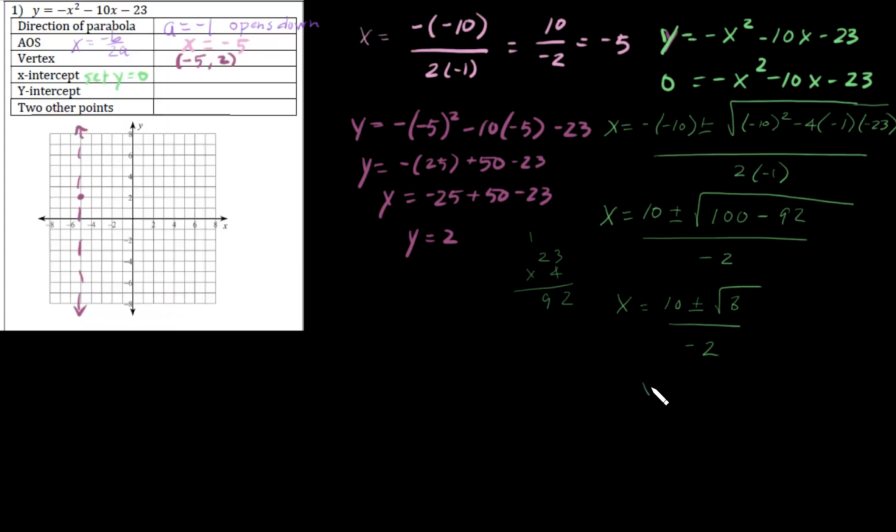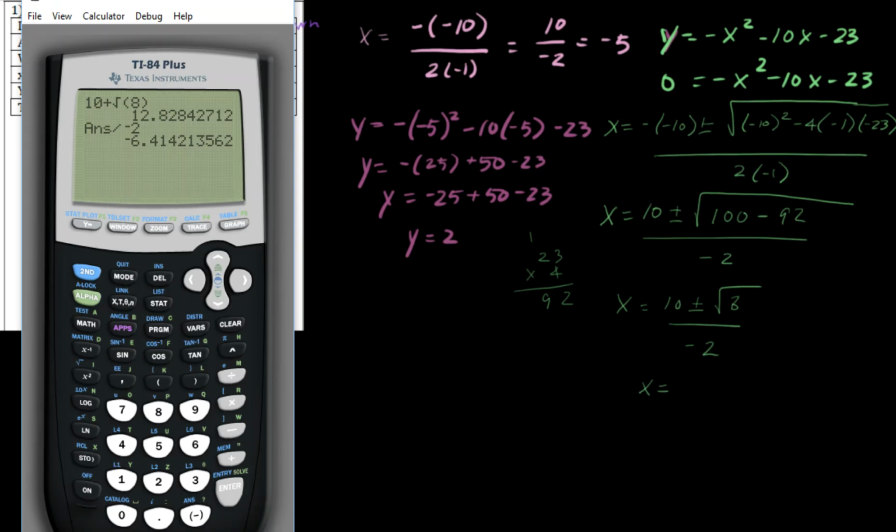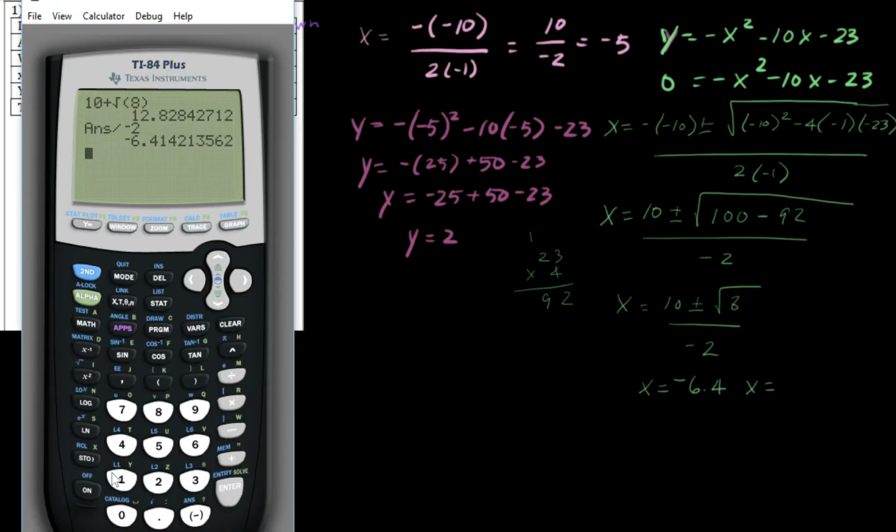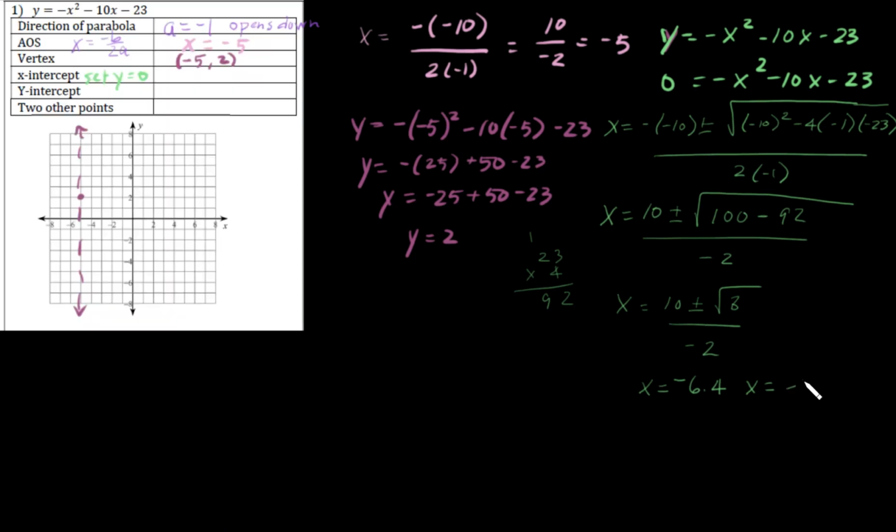I'm going to get x equals -6.4. And x equals, let's do the negative counterpart, 10 minus the square root of 8 divided by -2. That gives you -3.6.